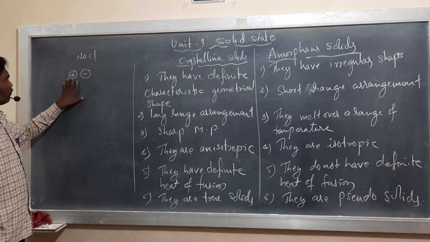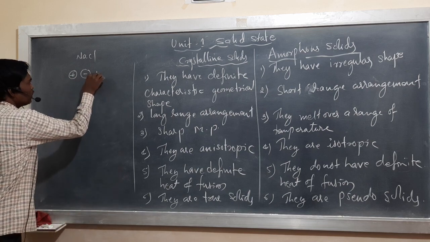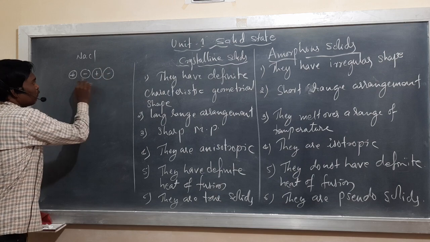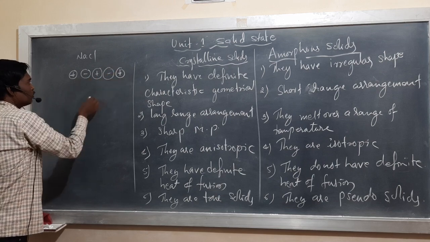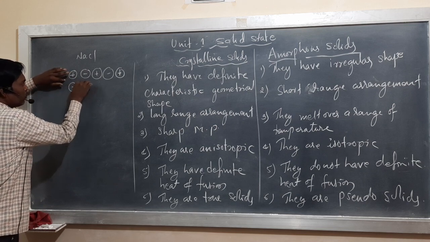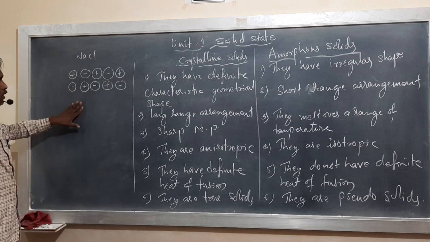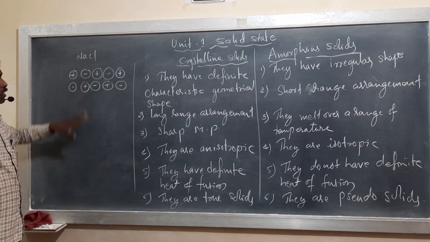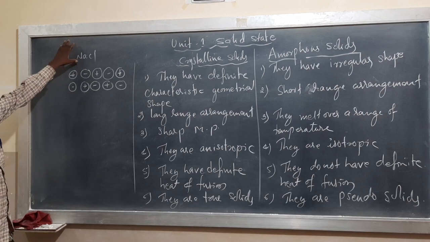The arrangement of the ions in solid sodium chloride crystal is in an order: positive, then negative, then positive, then negative. Similarly, below that positive there is a negative, then positive, negative. This is a three-dimensional arrangement of the ions in a solid sodium chloride crystal.